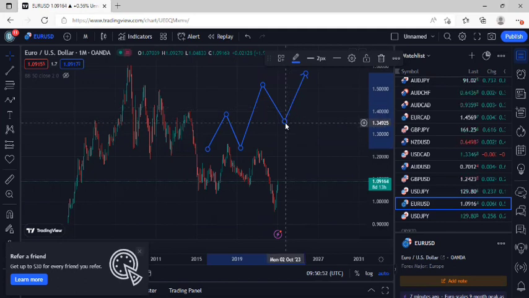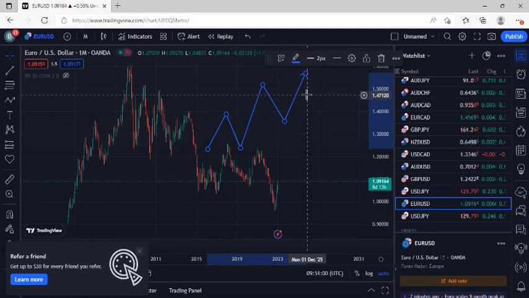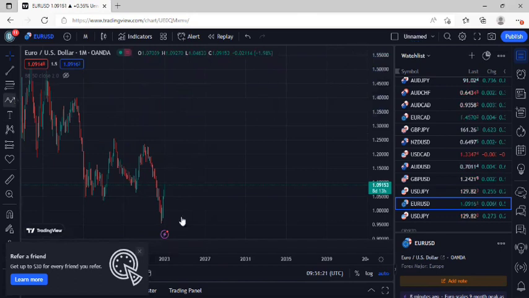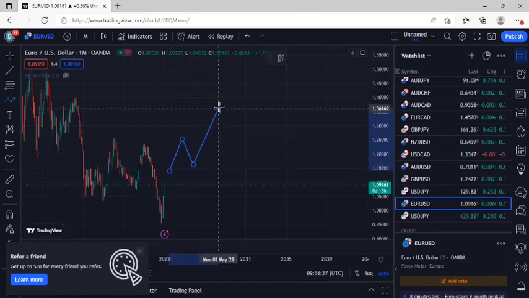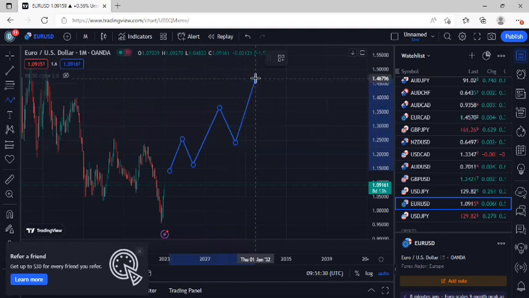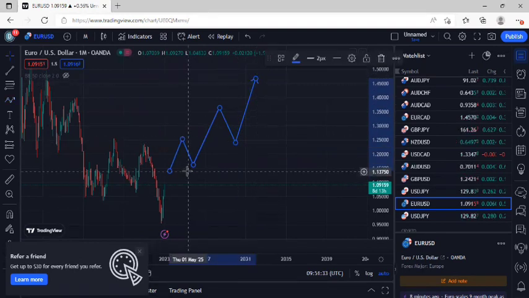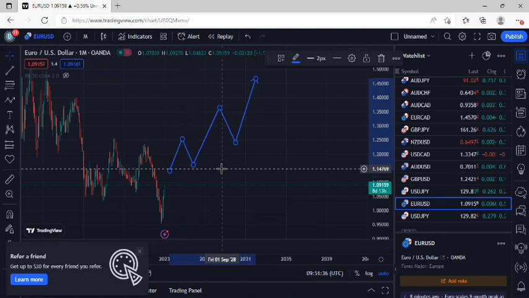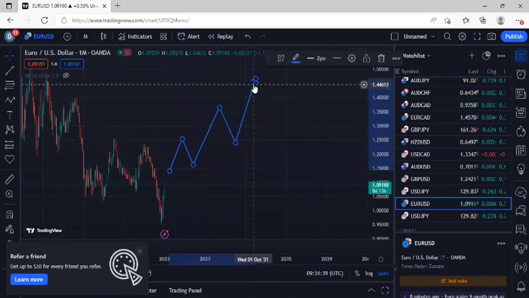So how do you use this to determine the direction of the market? How do you use it to know the trend continuation or the trend reversal? Look at this drawing. I have here the high, the low, the higher high, the higher low, the higher high. This is the structure of a particular market, the price movement of this particular instrument.